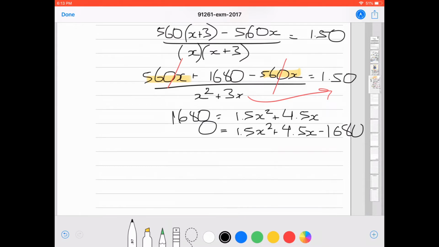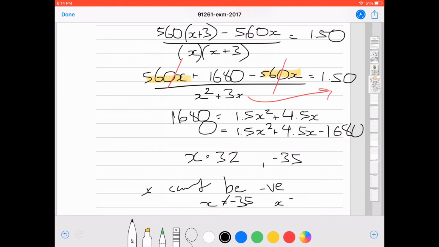And we come out with x equals 32 and negative 35. And immediately we say, it's a little bit like the previous question, x can't be negative. Obviously you can't have a negative amount of people, and so we'll say x does not equal negative 35. And x equals 32.